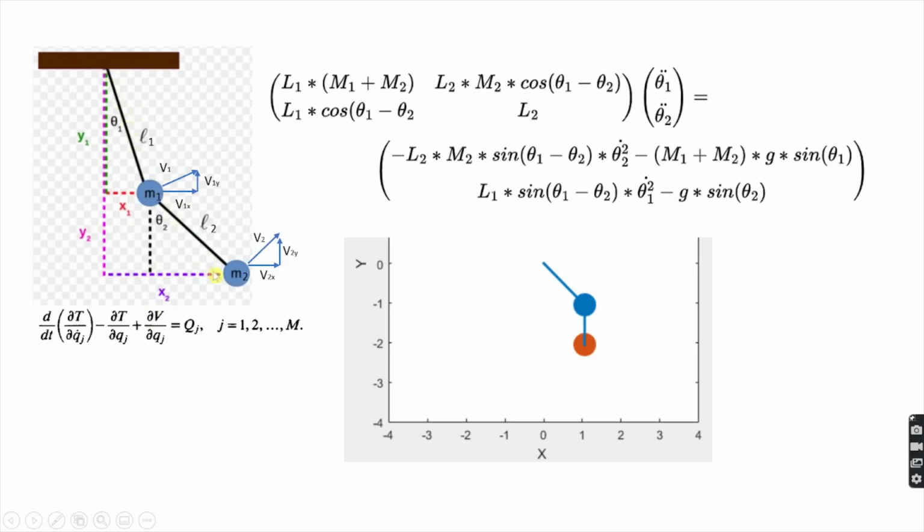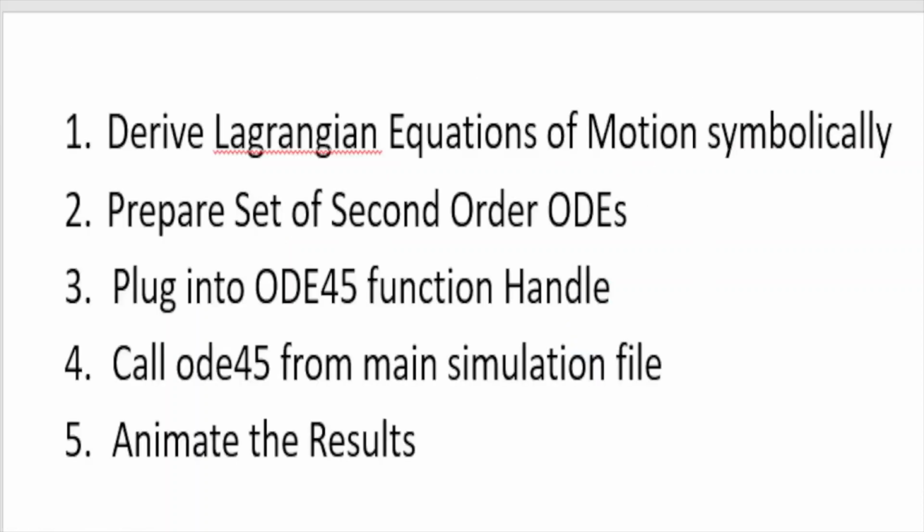In Matlab, we'll derive these equations and put them into matrix notation. This is a second order system of equations, and then we'll use the ODE45 function to plot and animate the results.